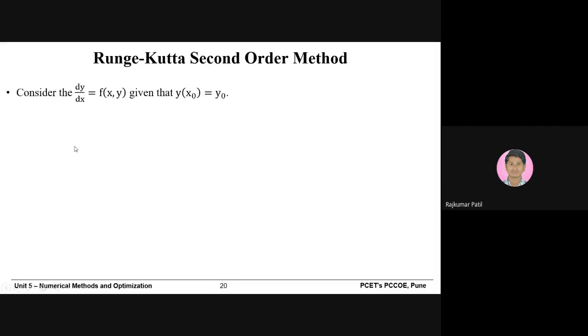So consider an ordinary differential equation dy by dx is equal to f of x, y, and y of x naught is equal to y naught. The initial values of x naught and y naught are given to you, and generally you will be asked to find a value of y, let's say y1, at any value x1.